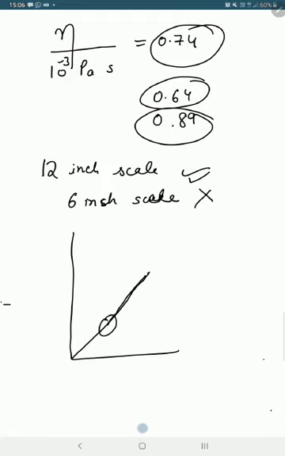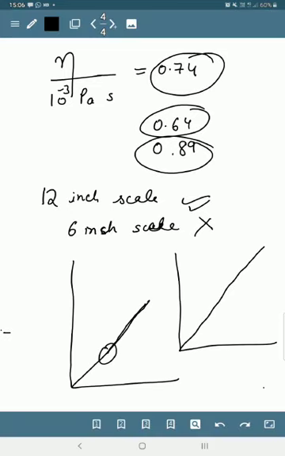Please draw a graph using a 12-inch scale on a full-scale graph paper so that it is a continuous line. Please excuse my wavy lines, because I'm doing it on the tab and therefore I'm not able to draw a straight line. Please make sure that you use a scale and you draw a straight line, and that means a straight line with no joints visible to a teacher, right?